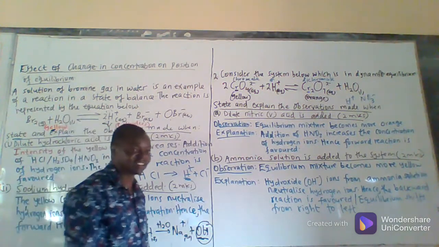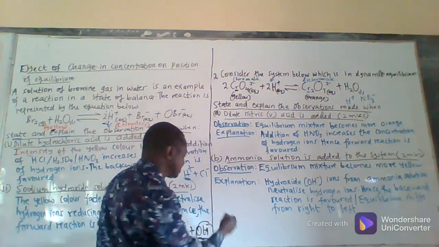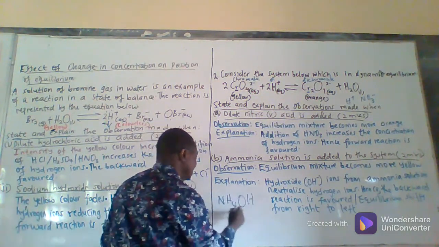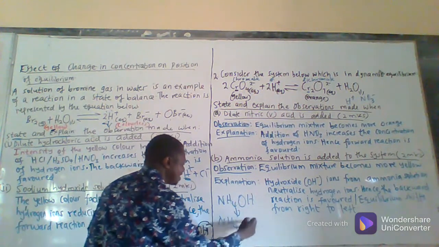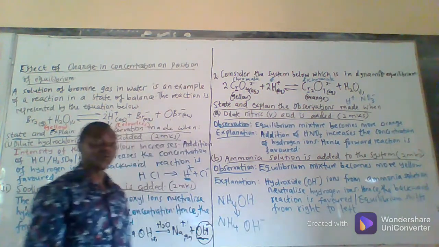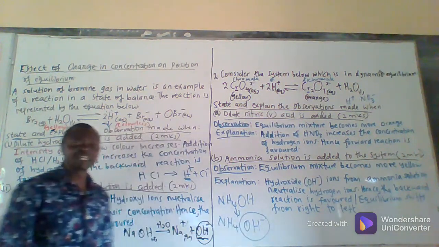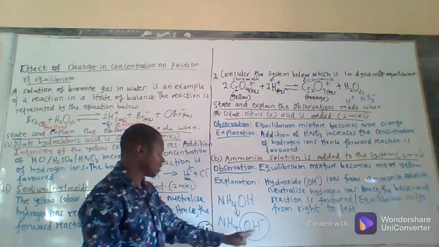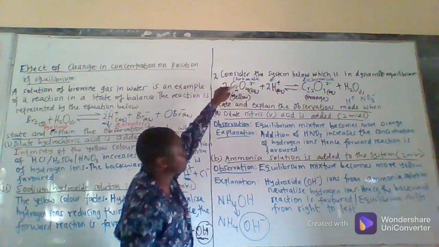Now, in this case, when you add ammonia solution, we need to understand that ammonia solution is actually ammonium hydroxide, and ammonium hydroxide consists of ammonium ions and hydroxide ions. Hydroxide ions are the ones that make a solution basic. So ammonium hydroxide is going to introduce hydroxide ions to that system.